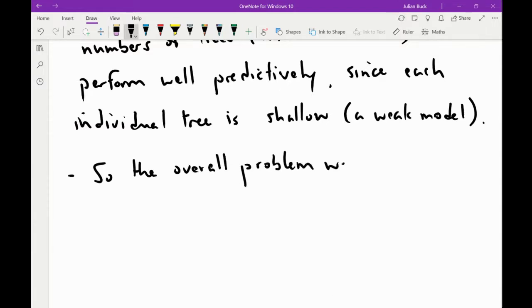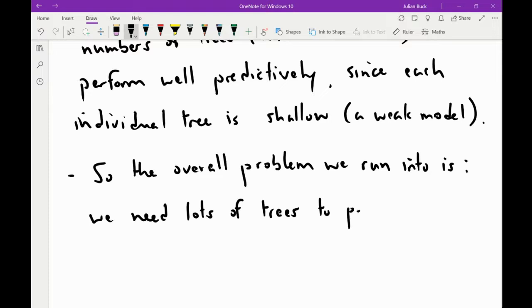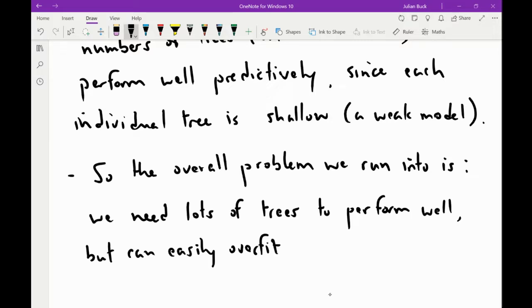The overall problem we run into is, okay, we need lots of trees to perform well, but can easily overfit on too many.